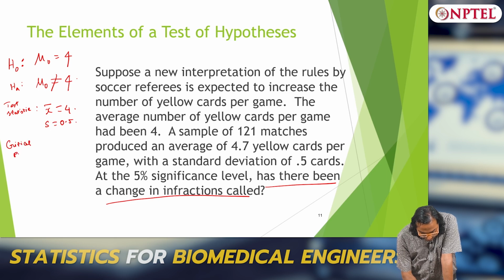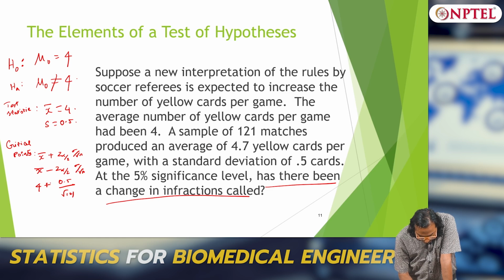What are the critical points? X bar plus Z alpha by 2 sigma over root n. It is two sided, so you have both. It is 4 plus 0.5 by root n, root of 121 which is 11, into Z alpha by 2 which is 1.96, because this is 95%.